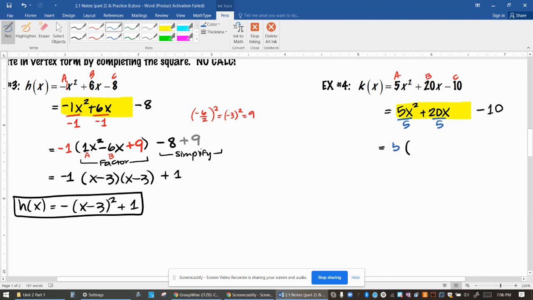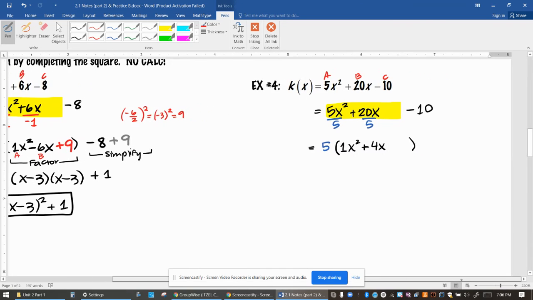So remember, we divided by 5, we factored out a 5, now I have a leading coefficient of 1. And now I can take half of b and square it. So remember, don't take half of b and square it until your leading coefficient is a 1. I don't want to forget the minus 10. Oh my goodness.